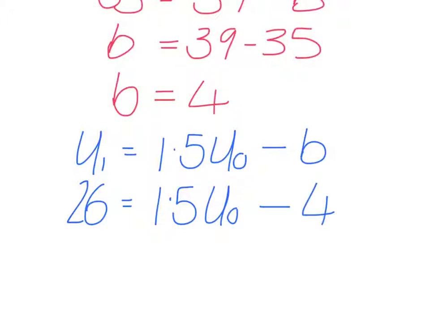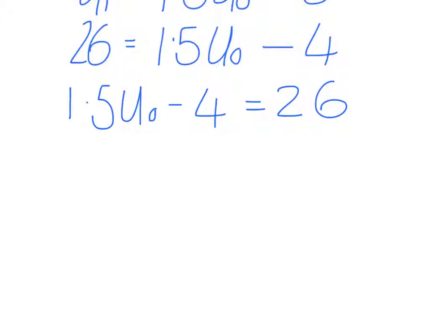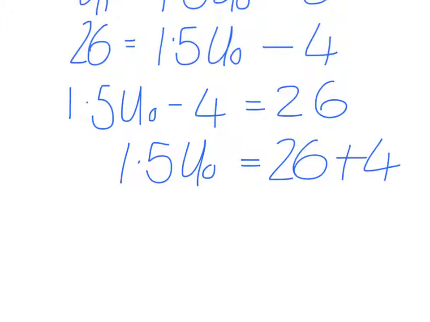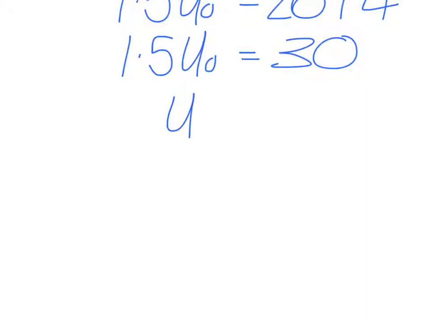If we switch the sides around, what we get is 1.5 U0 minus 4 equals 26. So 1.5 U0 equals 26 plus 4, which means 1.5 U0 equals 30. What that means is that U0 is equal to 30 divided by 1.5.